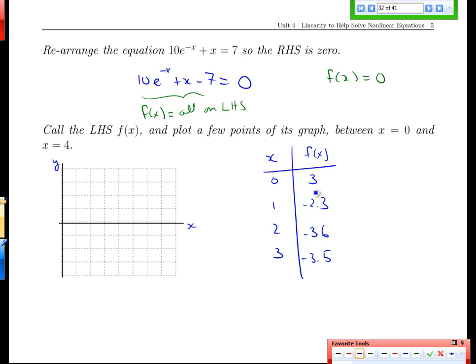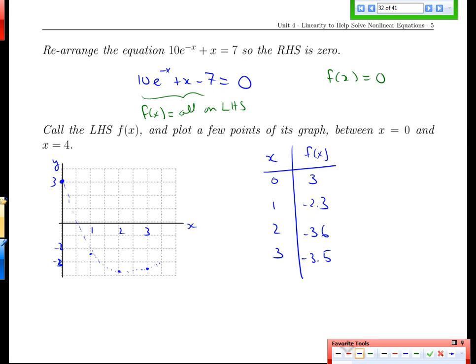And what we get here are values negative 2.3, negative 3.6, 3.5. Oops, that's minus 2, that's minus 3. 1, 2, and 3. We can imagine, without getting all the details, that the graph looks something like this. It should be fairly smooth, it's nice exponentials and x's, so it should look something like this.